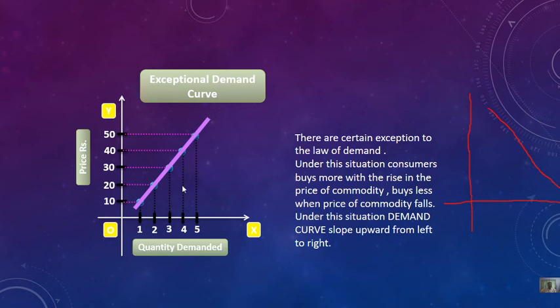So under which situations is the demand curve exceptional? All these situations are categorized as exceptions to the law of demand.